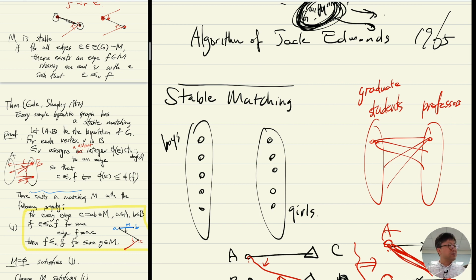And in New York and Boston, middle school students are assigned to high schools based on preference, and the schools choose preference based on something, and then this assignment is based on stable matching. So they have lots of applications.